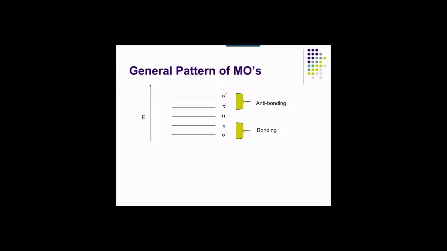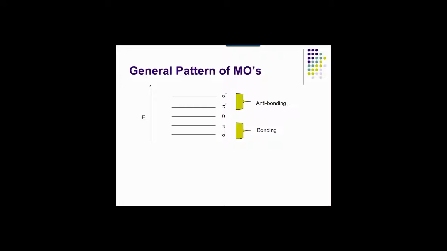If you recall, bonding orbitals are lowest in energy, antibonding are highest in energy. Non-bonding orbitals are generally somewhere in the middle. So on this plot, I'm trying to show you the general pattern in terms of energetics for molecular orbitals. And note that the highest energy transitions should be sigma to sigma star, followed by pi to pi star, and then n to pi star transitions, based on the size of that energy gap.